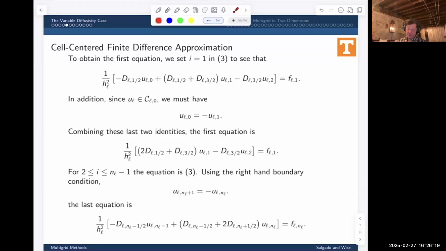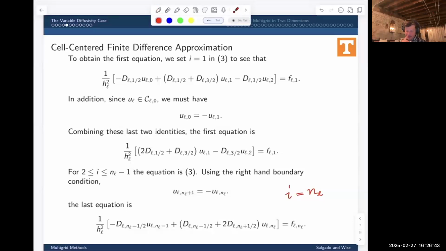All right, using the right boundary condition, I can address the last equation. So the last equation is the one where I is equal to N_L minus 1. So I should probably have said that. So for the last equation, I is equal to N_L, not minus 1, but just N_L.